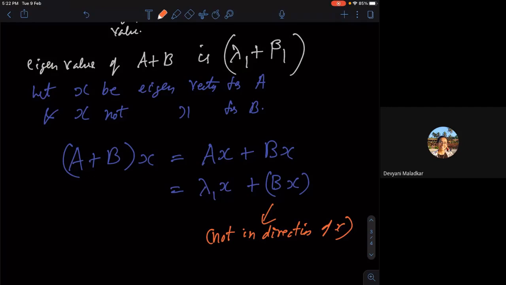And therefore you can't get lambda 1 plus beta 1 times x. This is not equal to this, right? That's what we wanted if x were to be an eigenvector for A plus B. So therefore it's not always possible.